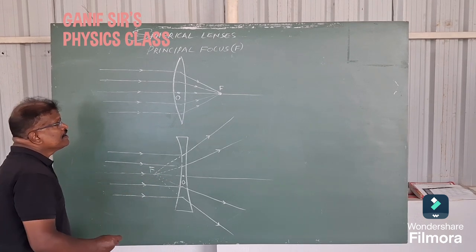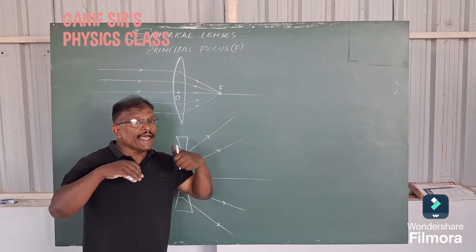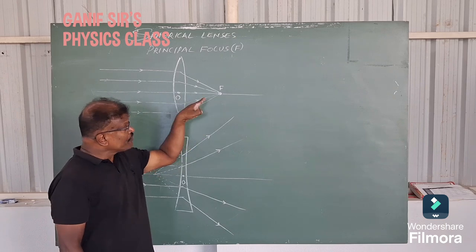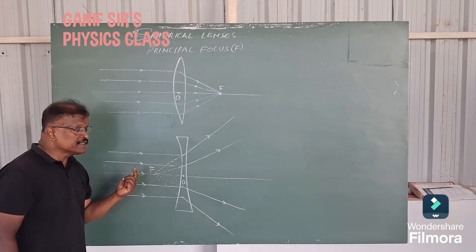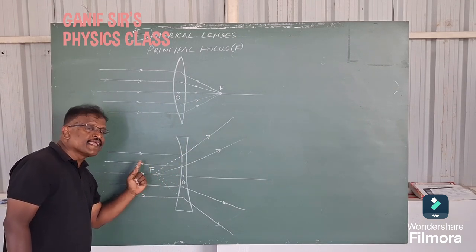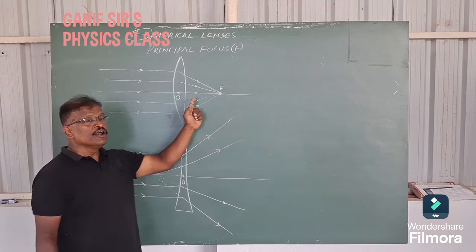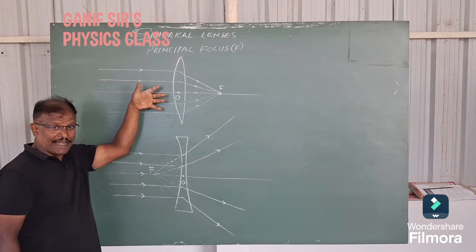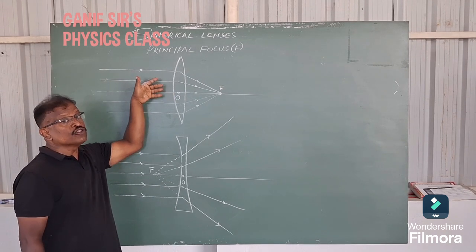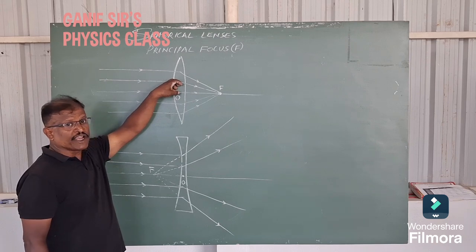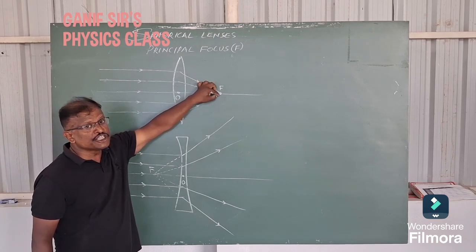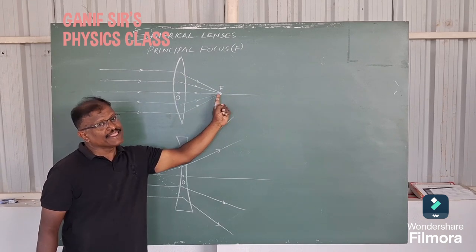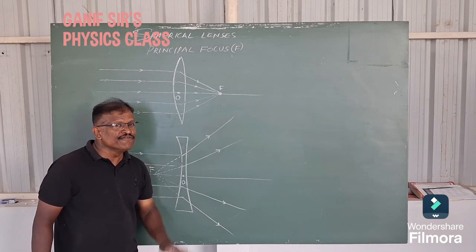Then how can I define the principal focus in the case of a convex lens and of a concave lens? For a convex lens, when a ray parallel to the principal axis gets incident on the lens, after refraction the rays converge to a single point on the principal axis, and that point is known as the principal focus, which is real.